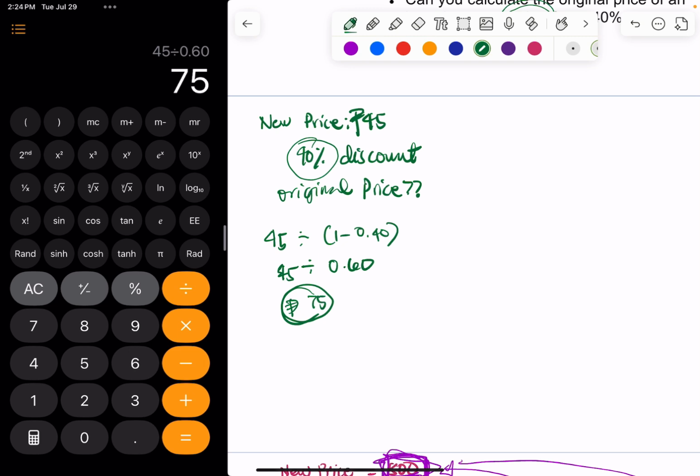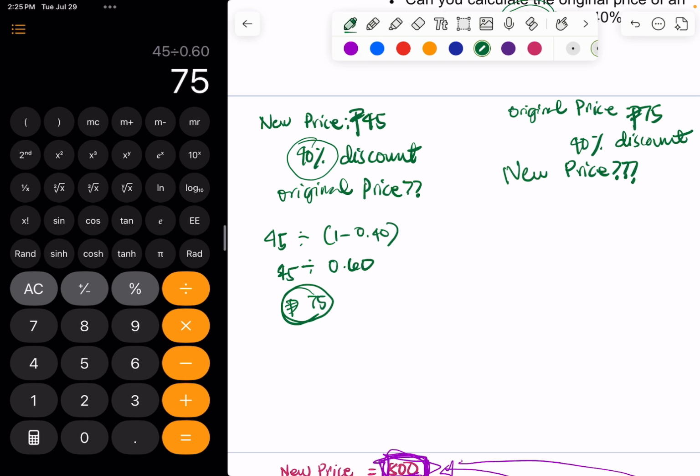So, ninana siya pabalik. Now, what if, let's check if the answer ba is 45 if ma-discount na siya. So, for example, original price is 75. Then, you know, you have 40% discount. What is the new price?